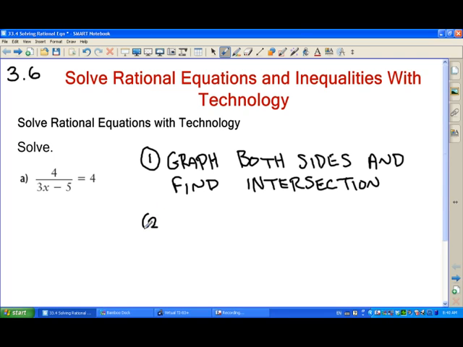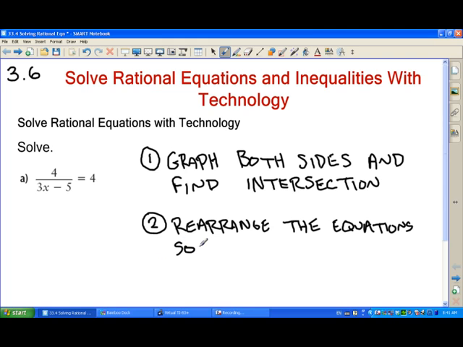Our other option is to rearrange the equation or the equations so that we have one equation that's equal to 0.